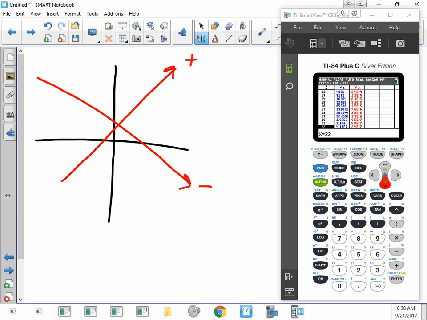But exponential equations don't work that way. They're either getting bigger and bigger, each slope is a little bit steeper, or the slope is becoming a little less steep.